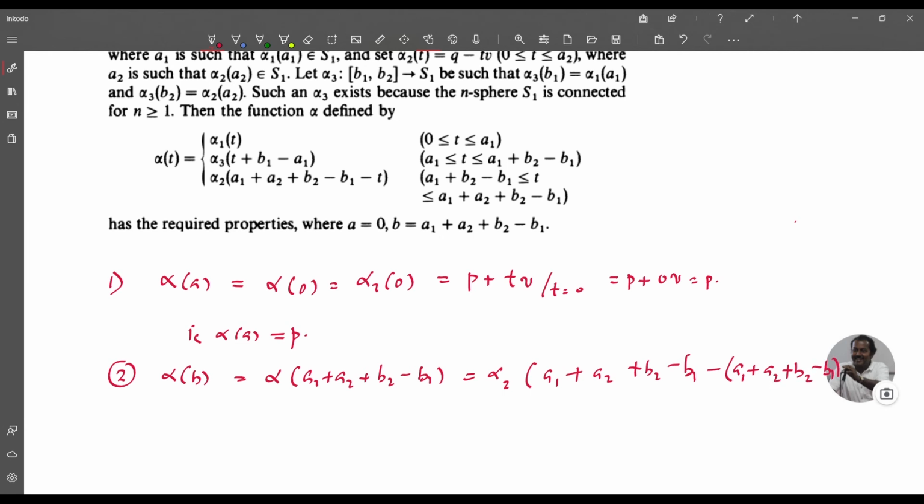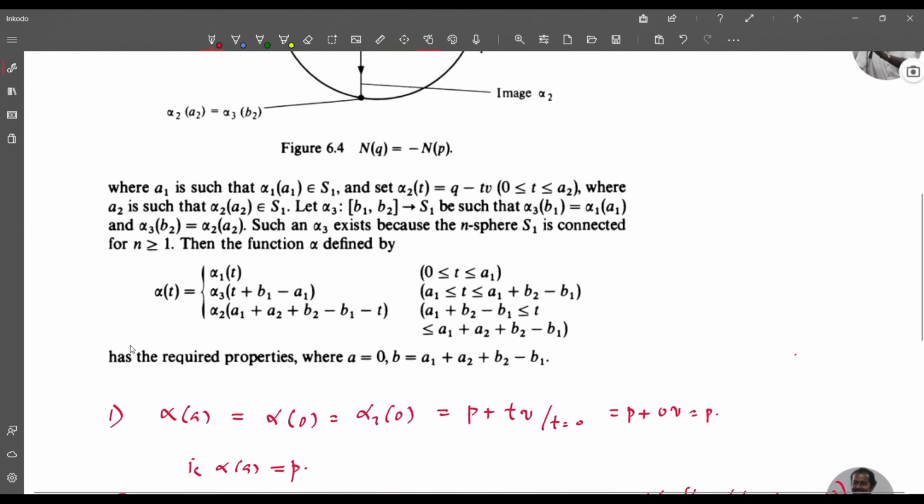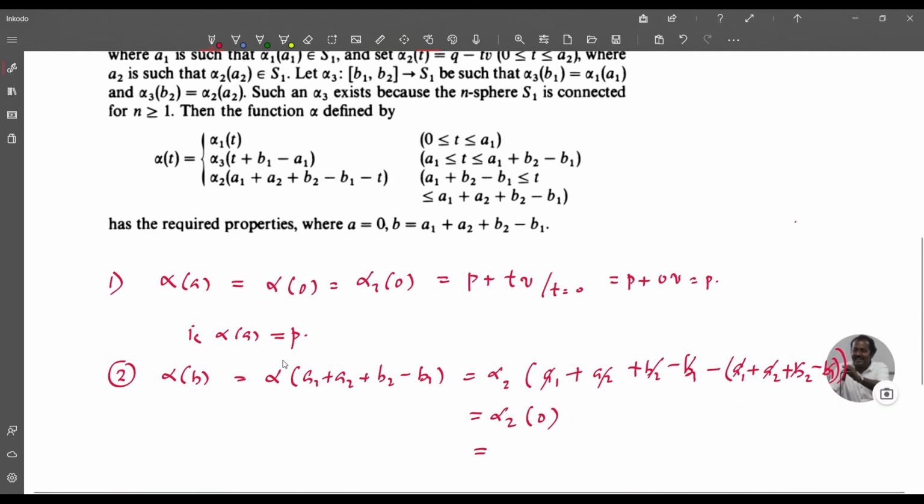So this is equal to alpha 2 of, a1 cancels, a2 cancels, b2 cancels, and b1 also cancels. So this is alpha 2 of 0. You know that alpha 2 is q minus tv. So this is q minus tv at t equal to 0, so this is q. Therefore, alpha of b is equal to q.